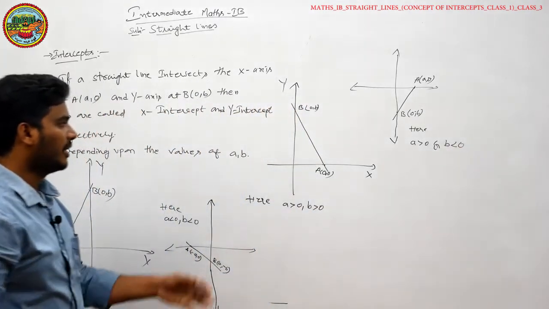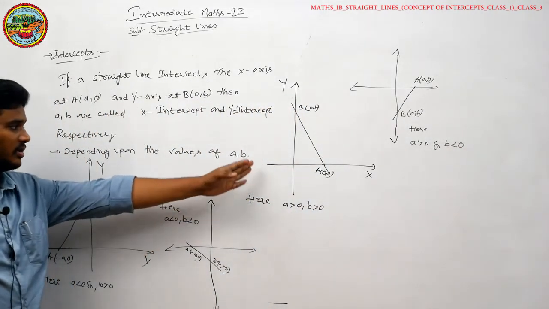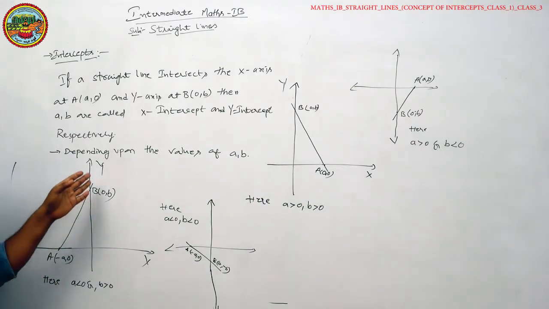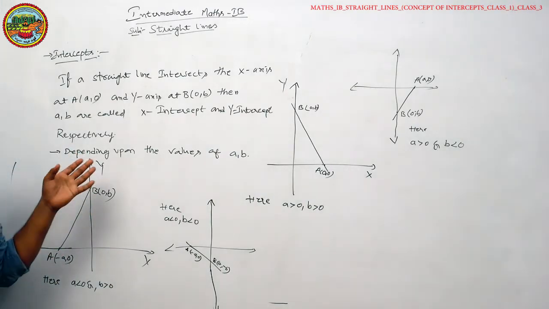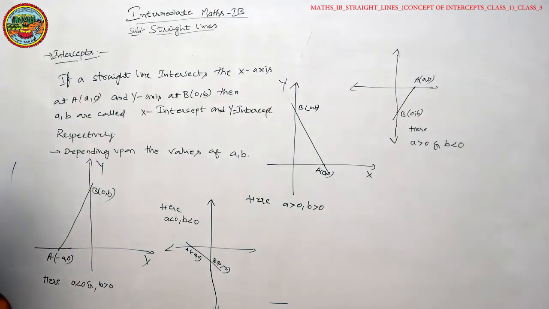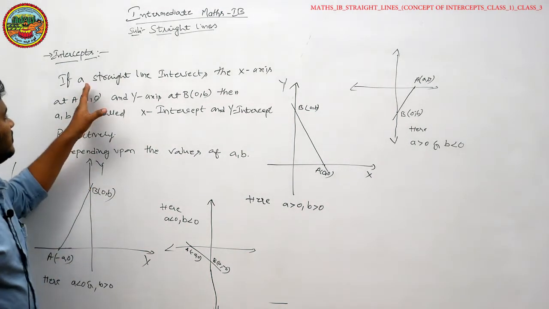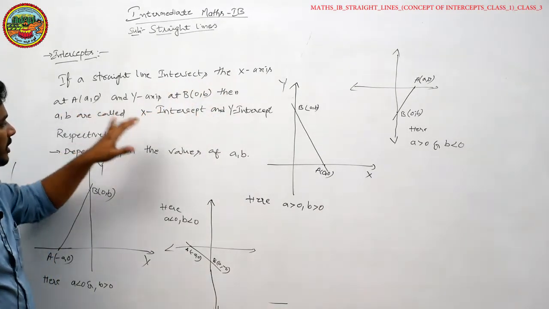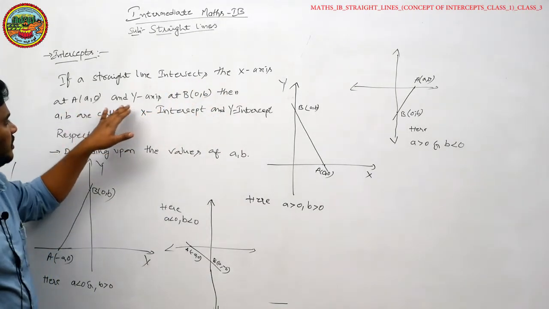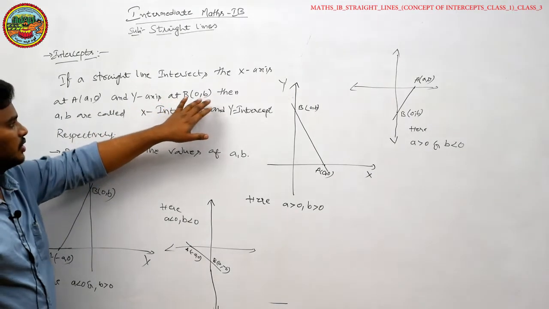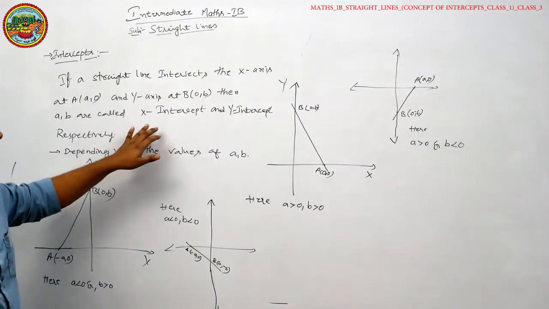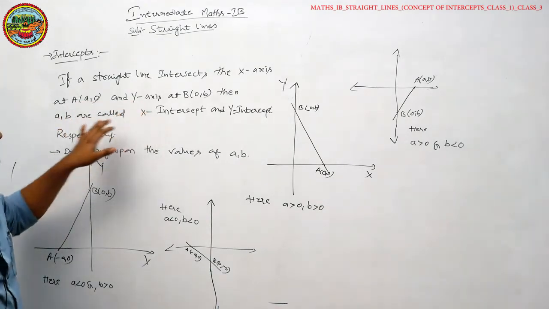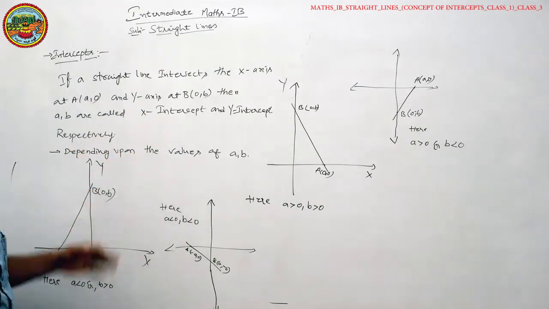Depending upon the values of A comma B, we define how the line intersects the coordinate axes. So intercepts means: if a straight line intersects the x-axis at point A comma 0 and the y-axis at 0 comma B, then A and B are called intercepts. The x-intercept is A and the y-intercept is B.